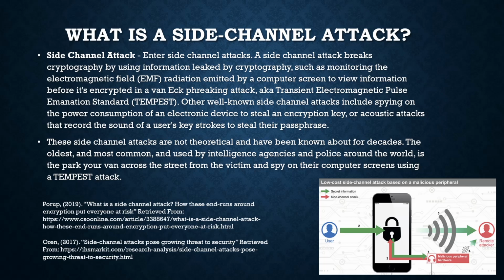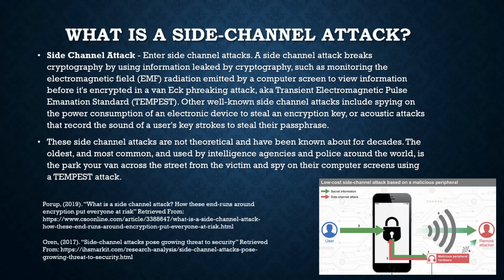That's one extension of a side channel attack: using information leaked by cryptography, such as monitoring the electromagnetic field, or EMF radiation, emitted by a computer screen to view information before it's encrypted, like a Van Eck phreaking attack or a Transient Electromagnetic Pulse Emanation Standard, or Tempest, attack.